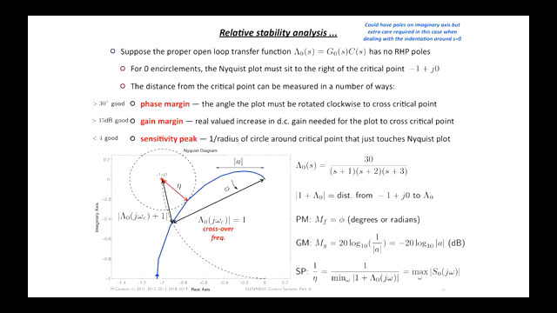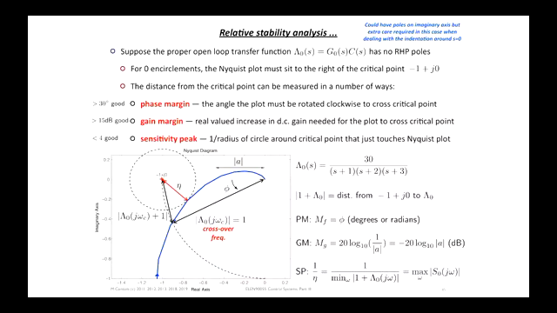And this corresponds to thinking about how much of a change in phase I need to shift the Nyquist plot so that it sits on the critical point, giving me two closed loop poles on the imaginary axis. So let's, for the sake of argument, just say that the open loop has no unstable poles, so no poles in the right half plane.